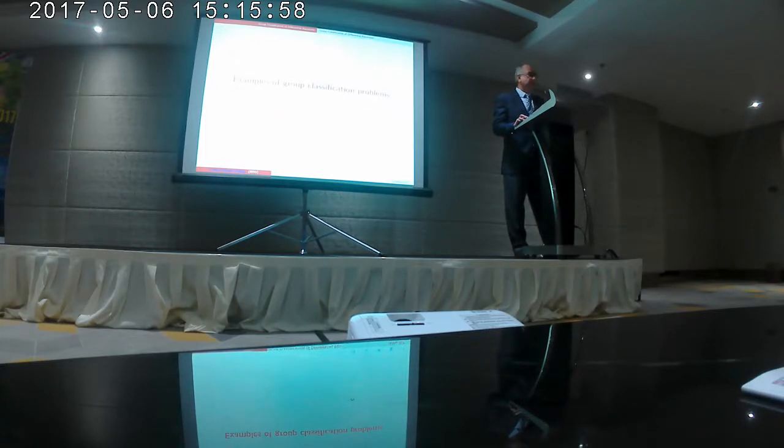So now I give you an example of group classification of Lane-Emden-Fowler type equations. I will skip the history of this equation and I will come to the equation which I am going to discuss.